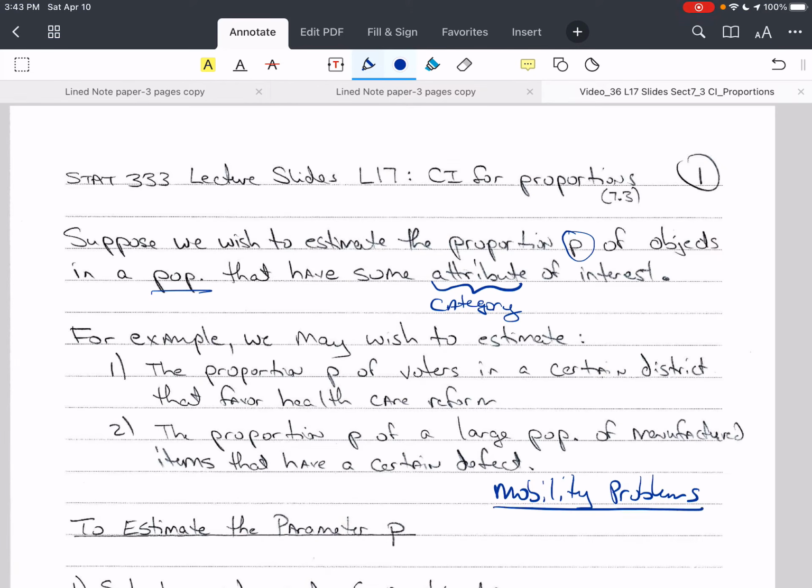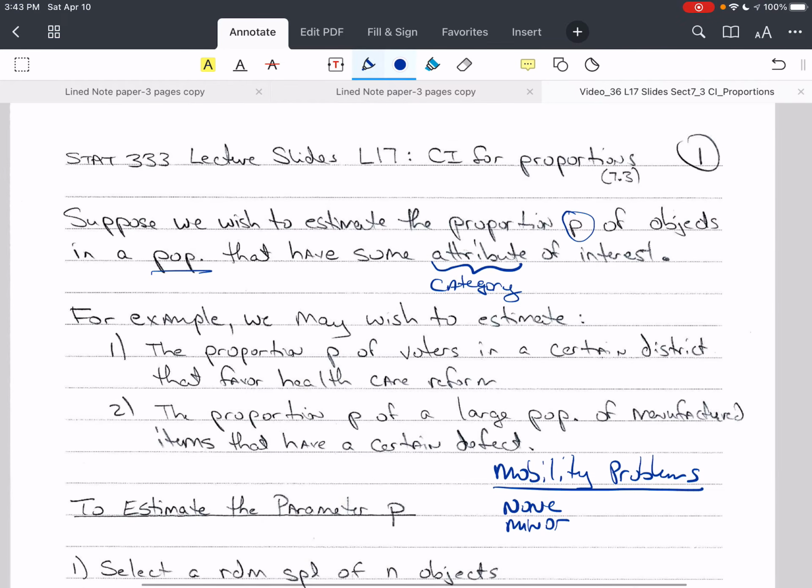And the categories may be none, no problem with mobility, minor, significant, substantial, or extreme problem with mobility. In other words, maybe they can't move at all. So this has more than two categories.